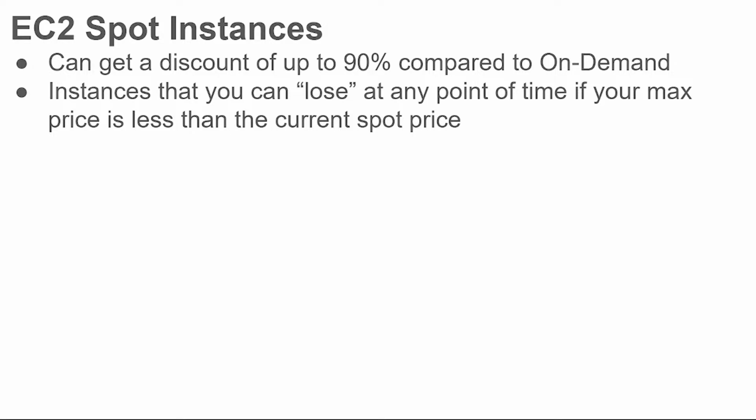If your maximum price is less than the current spot price, you will lose the instance. Suppose you have set your maximum price at $20 and the price has crossed it, and you are at $21 or $22. So your current spot price is more than your maximum price. What now? Your instance will be lost.